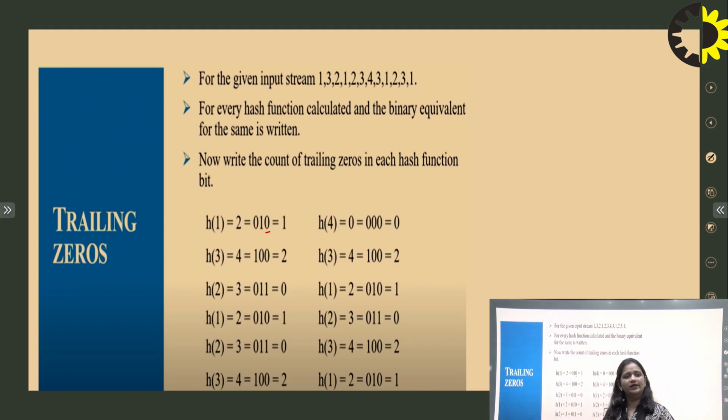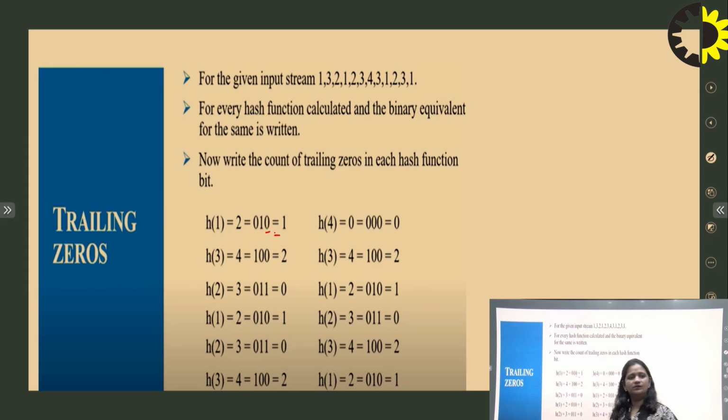So how to count the number of trailing 0? Start from the right hand side and count the number of 0 from the right and stop when 1 is encountered. So, start from the right, count the number of 0, that is 1, and stop when the 1 is encountered. So, the number of trailing 0 is 1.